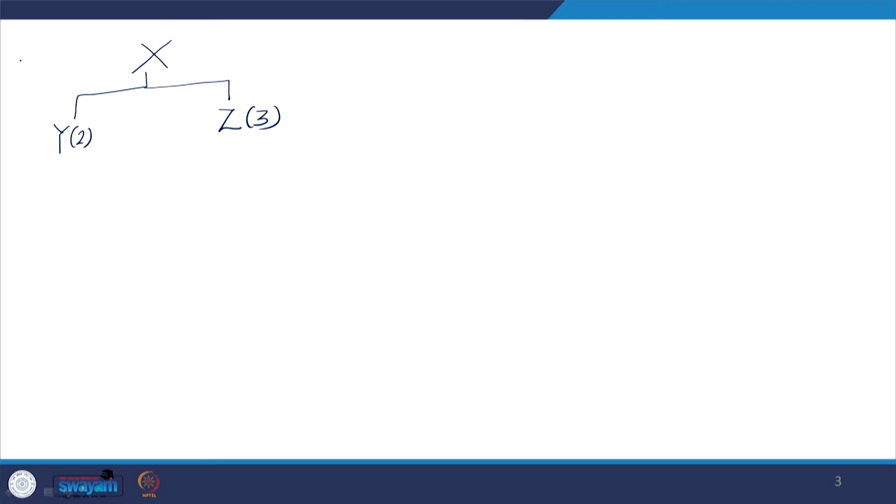If you remember, we can also mention the levels of product structure. So, this is level 0, this is level 1.